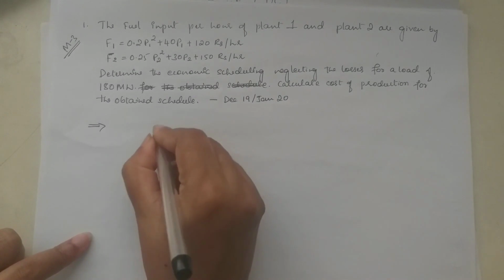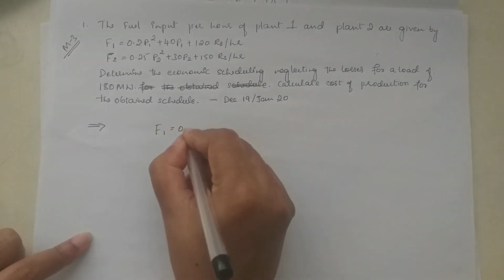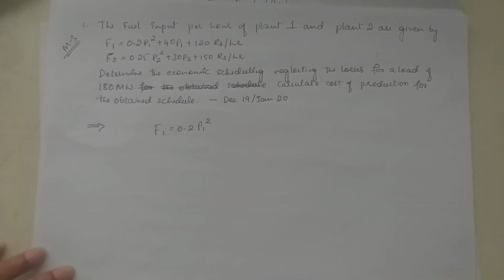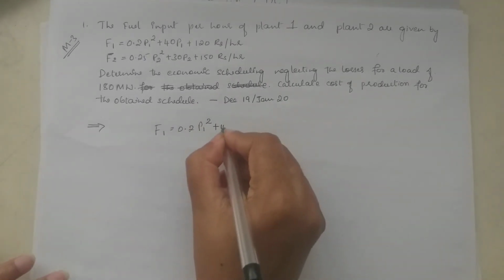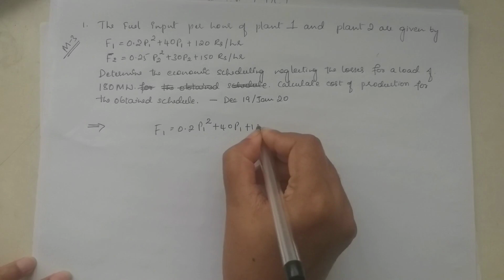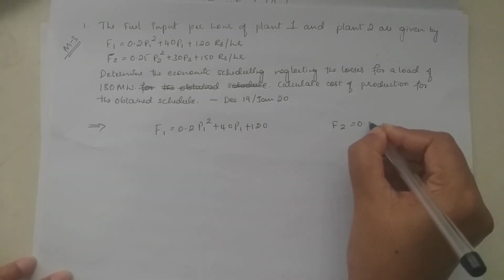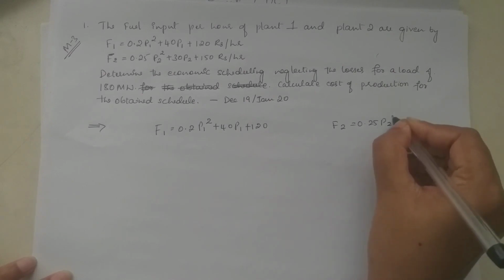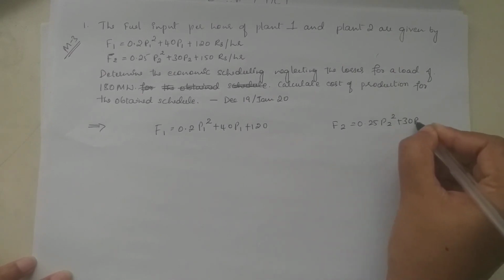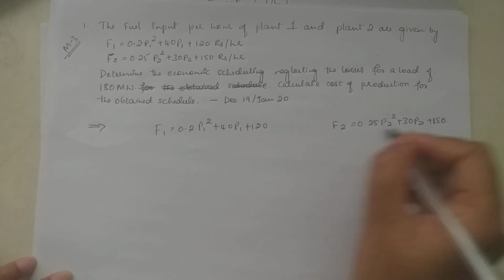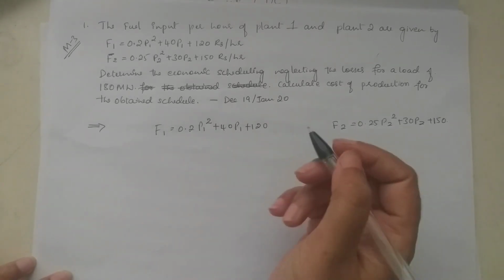It is given F1 is equal to 0.2 P1 square plus 40 P1 plus 120 and F2 is 0.25 P2 square plus 30 P2 plus 150. This is the fuel input cost, right?